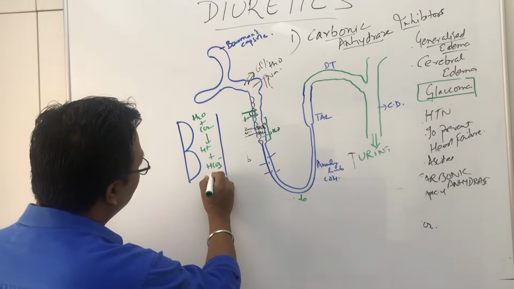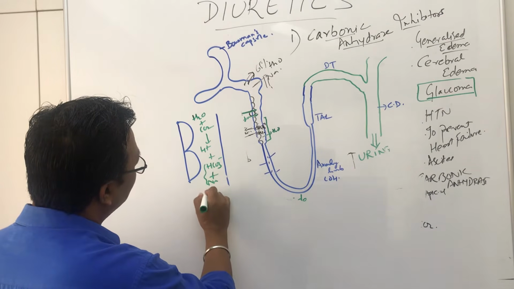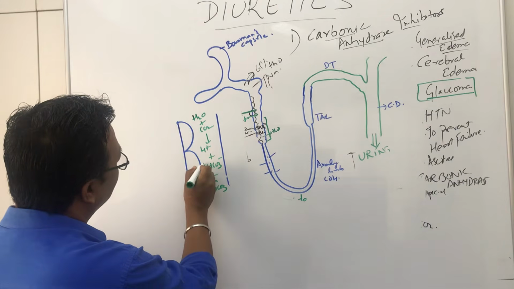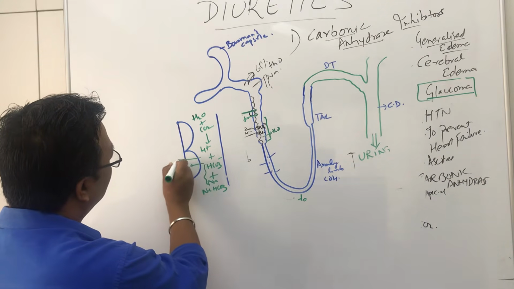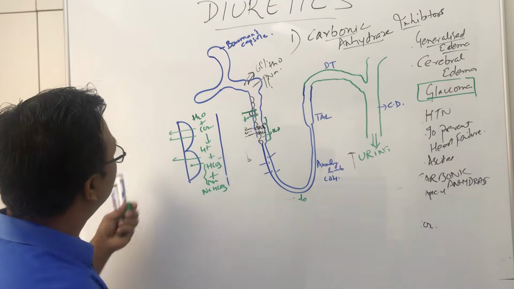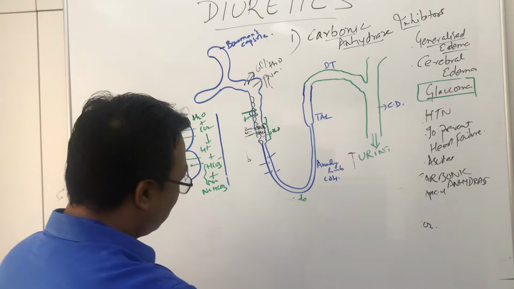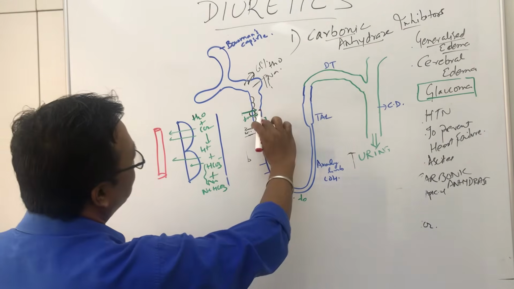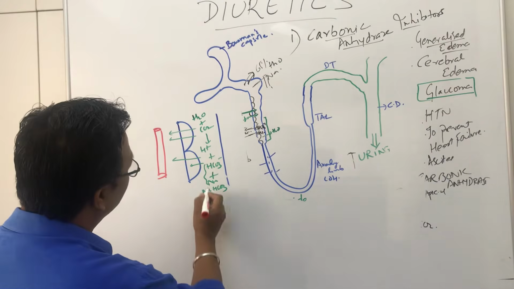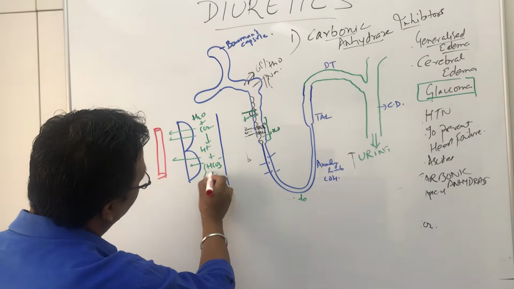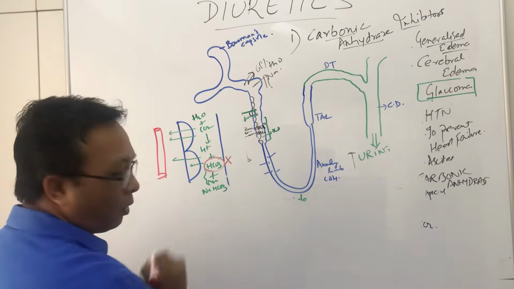This bicarbonate combines with sodium and forms sodium bicarbonate. This sodium bicarbonate is reabsorbed here. Normally, it is reabsorbed into the surrounding blood vessels, especially in this later part of the proximal tubule. Now if we block this reaction, no bicarbonate is formed.